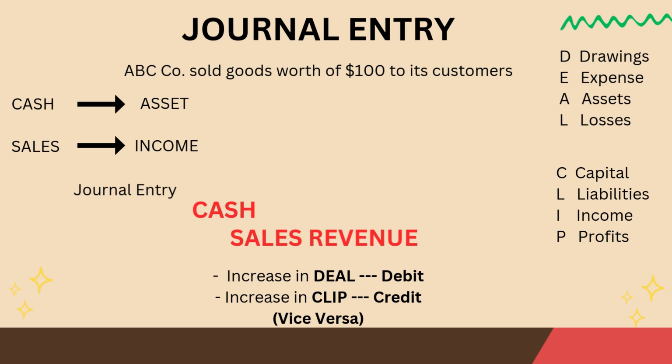Asset belongs to DEAL, and an increase in DEAL represents debit. Whereas sales revenue is considered as income and belongs to CLIP, an increase in CLIP represents credit. So what will be the journal entry? Simple. Debit cash and credit sales revenue.